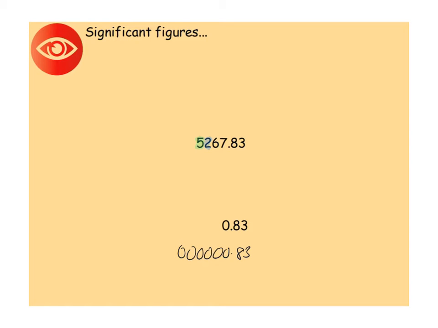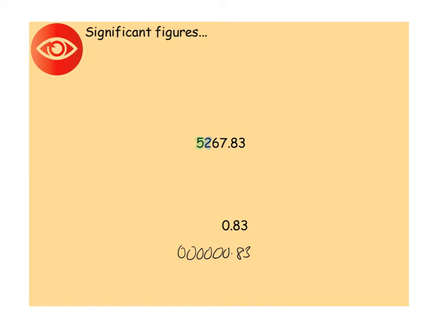You can see in the way I've written those two numbers, this 0 and this 0 and this 0, they're telling me very little. They're not telling me anything at all about this number, really. Whereas the 8 in the tenths column is telling me some information. So the first digit that isn't 0 is the first significant figure.